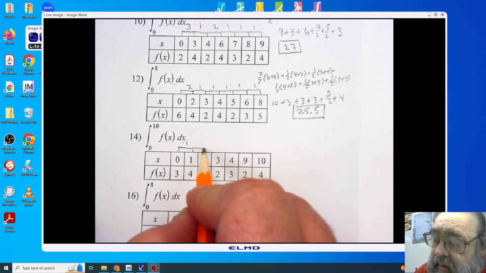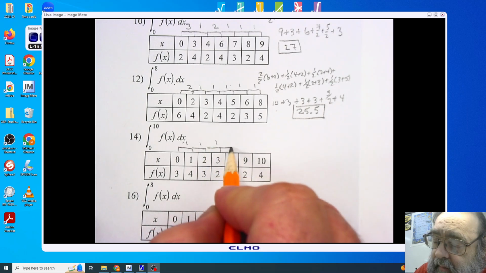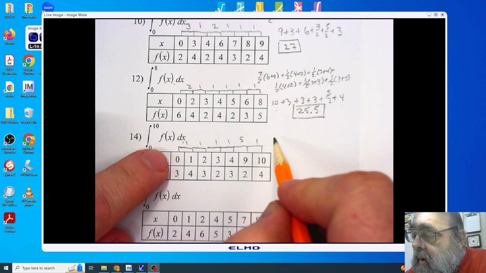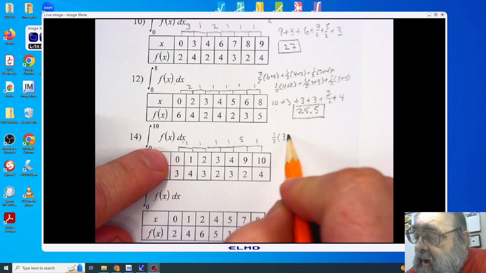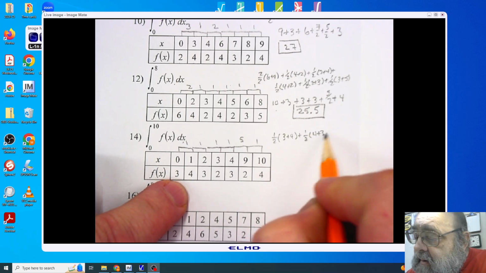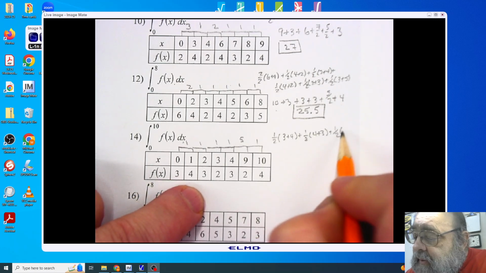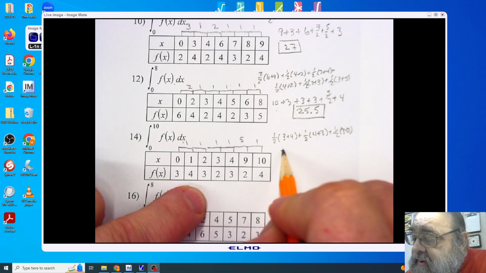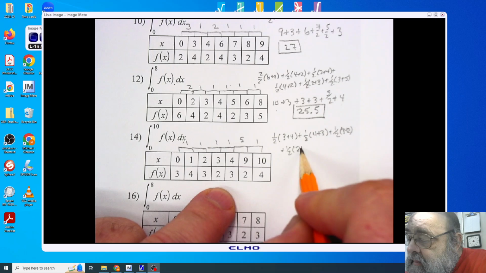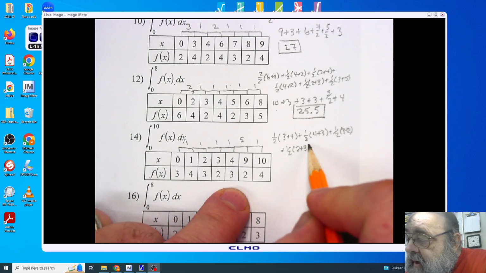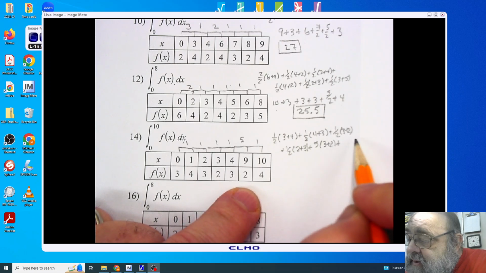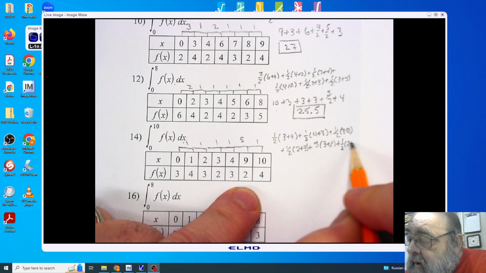So we have 1, 1, 1, 1, 5, 1. 1/2, 3 plus 4, plus 1/2, 4 plus 3, plus 1/2, 3 plus 2, plus 1/2, 2 plus 3, plus 5 times 3 plus 2, plus 1/2, 2 plus 4.